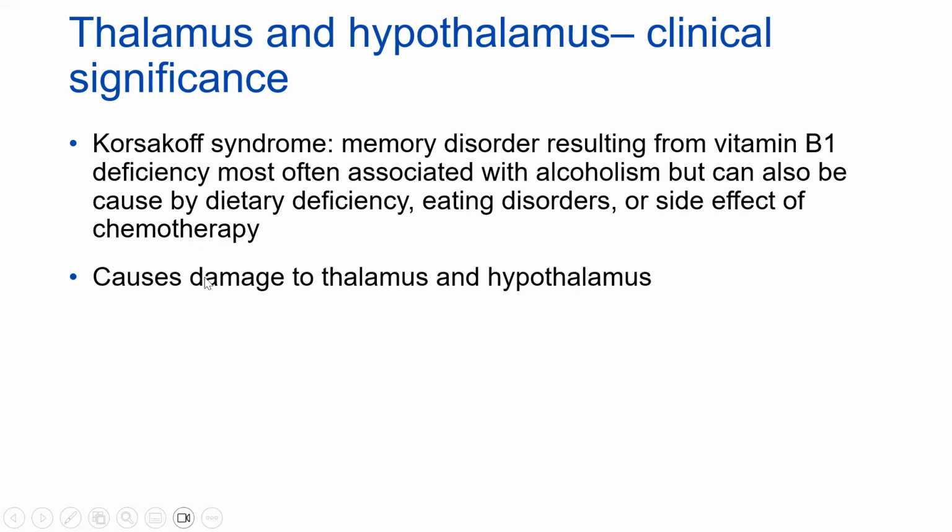This condition causes damage to the thalamus and hypothalamus. It's a memory disorder resulting from vitamin B1 deficiency that is most often caused by alcoholism, but also can be caused by dietary deficiency, eating disorders, or side effects of chemotherapy. So vitamin B1 deficiency causing memory disorder, most often caused by these factors.